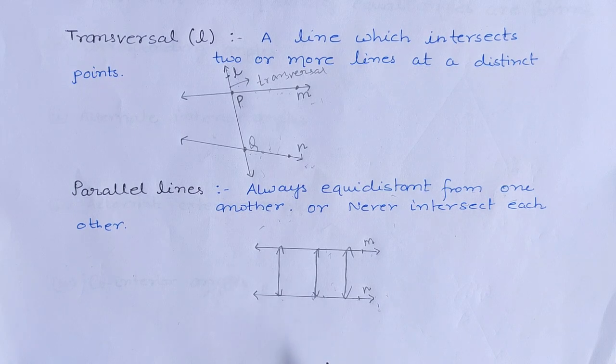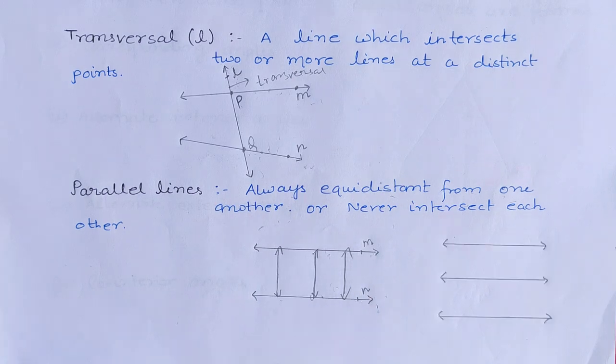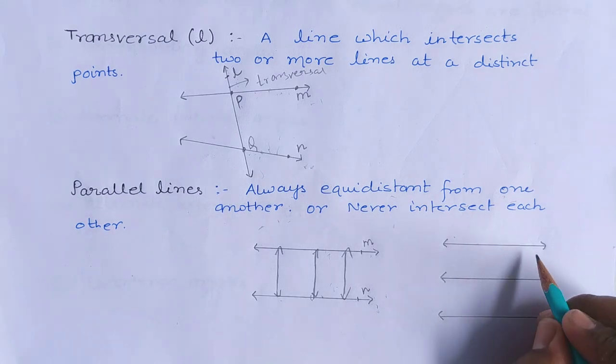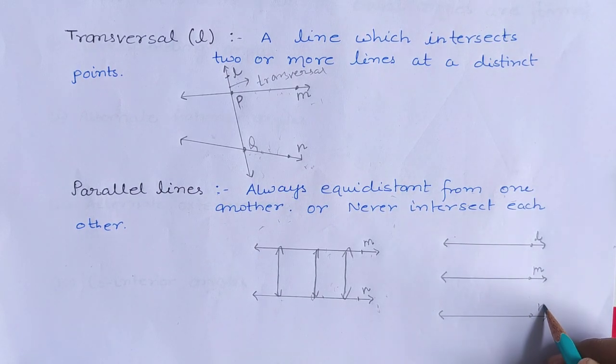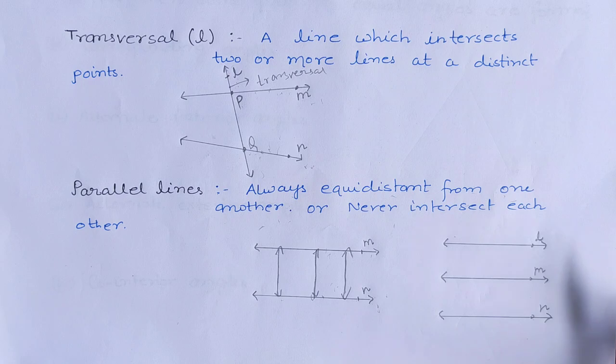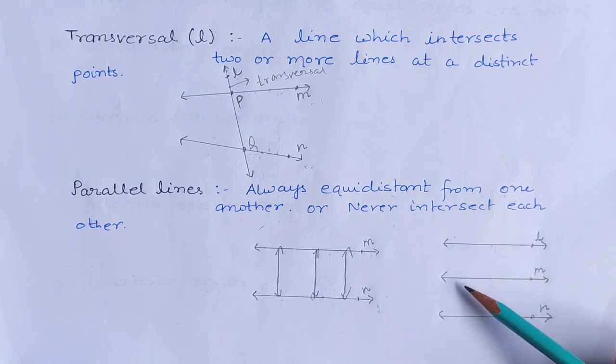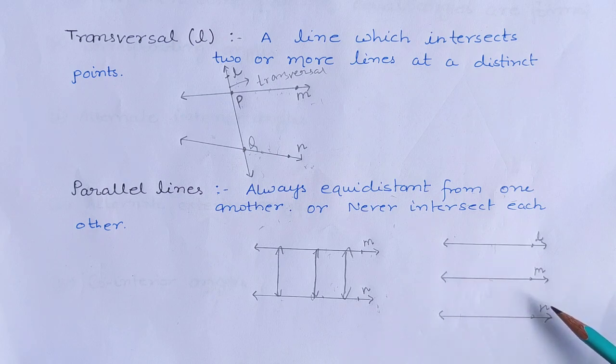And it is not necessary that only two lines can be there, more than two lines are also possible. Suppose here this line is L, this line is M, and this line is N. The distance between L and M is the same everywhere, and the distance between M and N is the same everywhere.